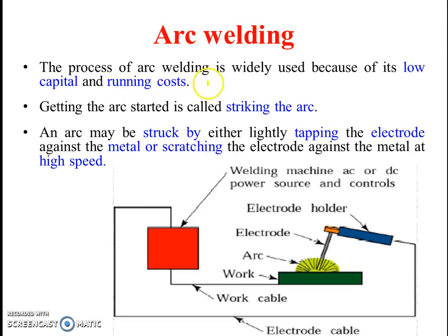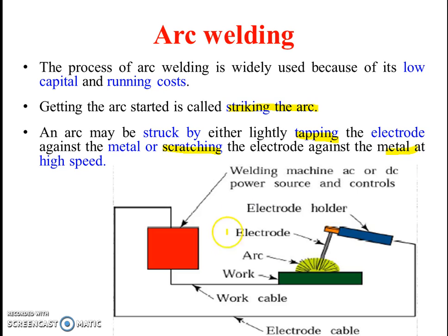The arc welding process is widely used because of its low capital cost and running cost. Getting the arc started is known as striking the arc. So what is meant by striking the arc? An arc can be generated by tapping, striking or scratching the electrode against the metal.